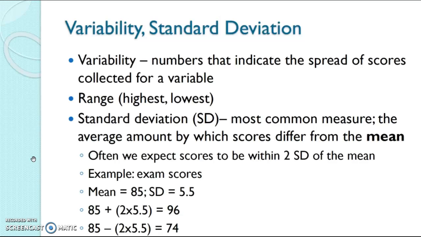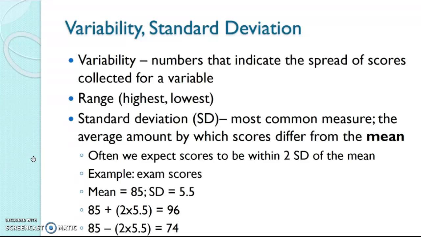One common one is the range, looking at what's the highest score, what's the lowest score. And another one that you perhaps will see the most often is something called the standard deviation, or SD. And we're not going to learn how to calculate it by hand, but you would learn this in a statistics course. So the definition is the average amount by which scores differ from the mean.